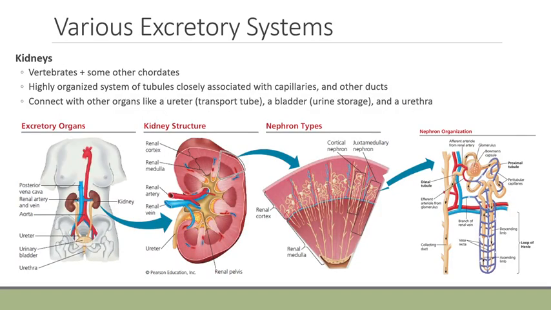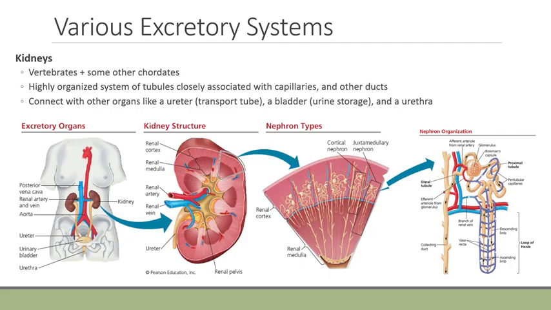Where we get into something a little bit more familiar for us are the kidneys, which you see in a lot of vertebrates and a couple of other chordates as well. We're going to, again, contextualize it in the vertebrate we probably all know at least a little bit more than the others, which is ourselves, humans. Kidneys are a really highly organized system of tubules, basically tubules connected to other tubules that often get associated with things like capillaries and other ducts as well.